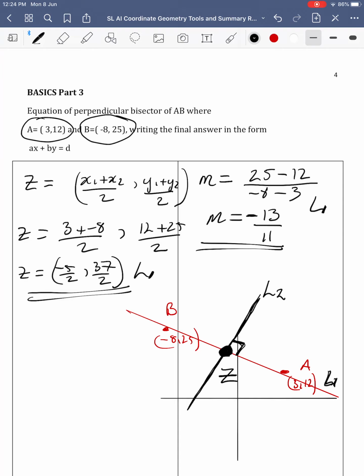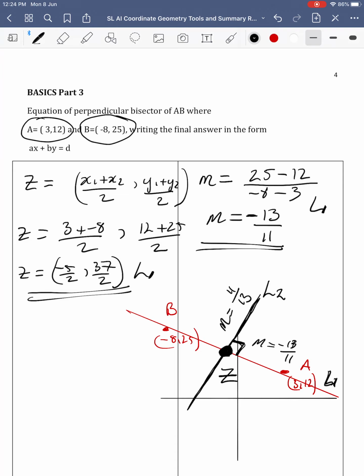Okay, so let's now switch to L2, because if the gradient here is negative 13 over 11, then the gradient here is actually 11 over 13. So the gradient of line 2 is linked to the gradient of line 1, but it's the negative reciprocal, which is a fancy word, but we just flip the fraction.